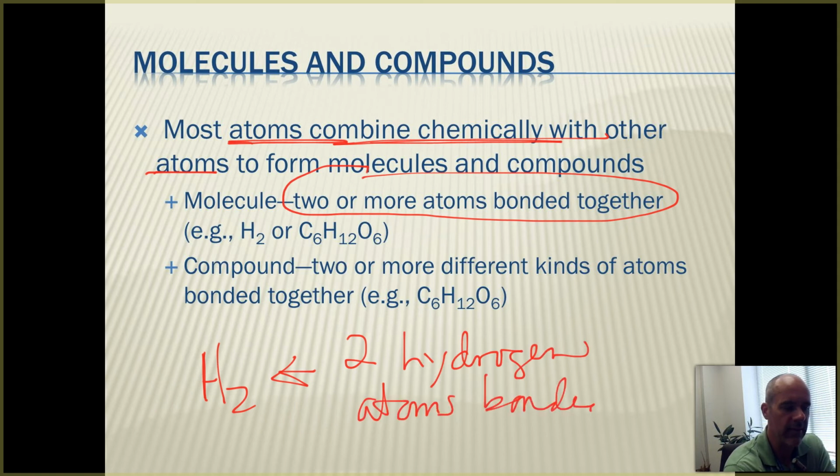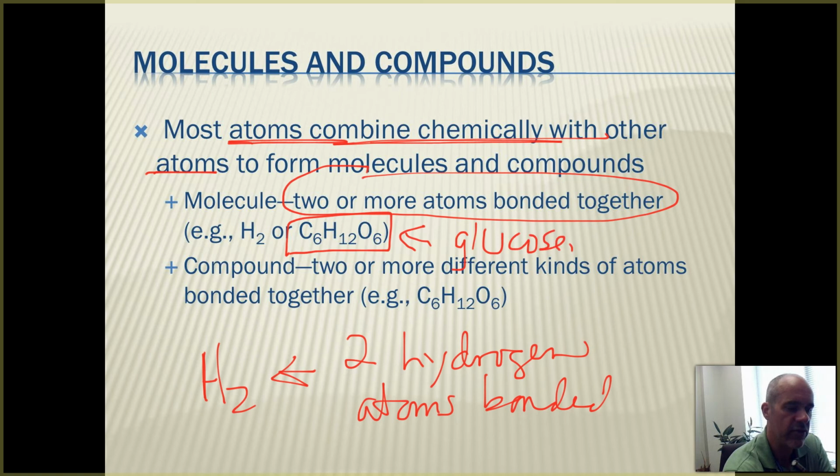That's really all that means. And then if you see something like C6H12O6, that's a chemical formula which tells you you're referring to a molecule that has 6 carbons, 12 hydrogens, and 6 oxygens, and they're all bonded together in a particular pattern. And incidentally, that is the chemical formula for glucose.